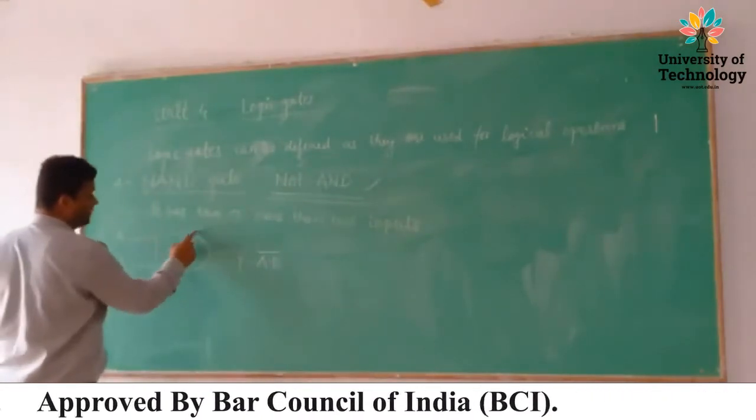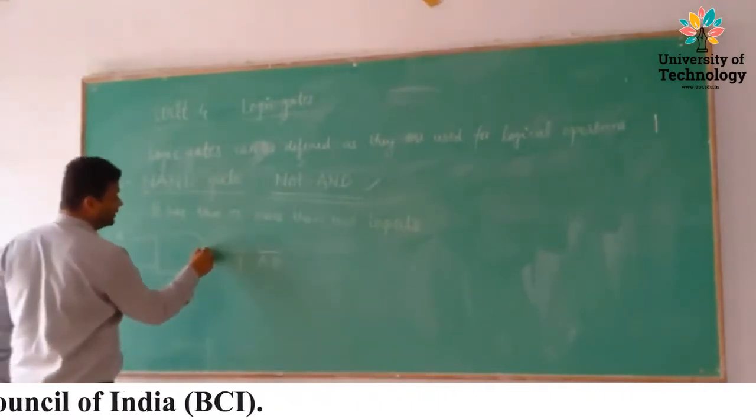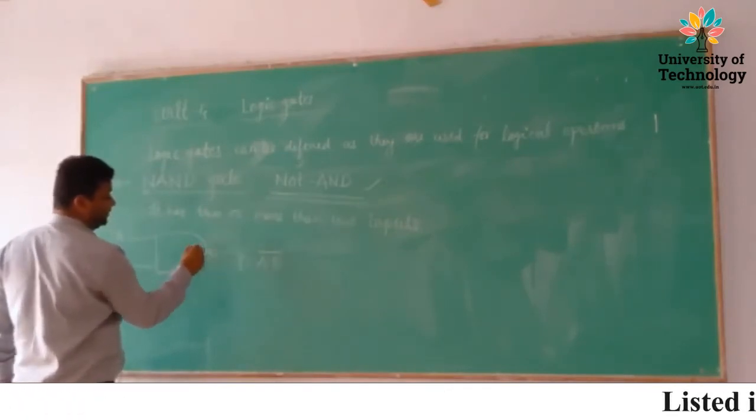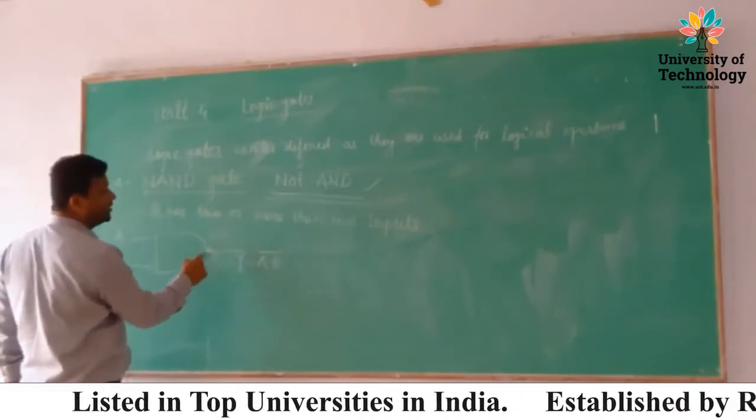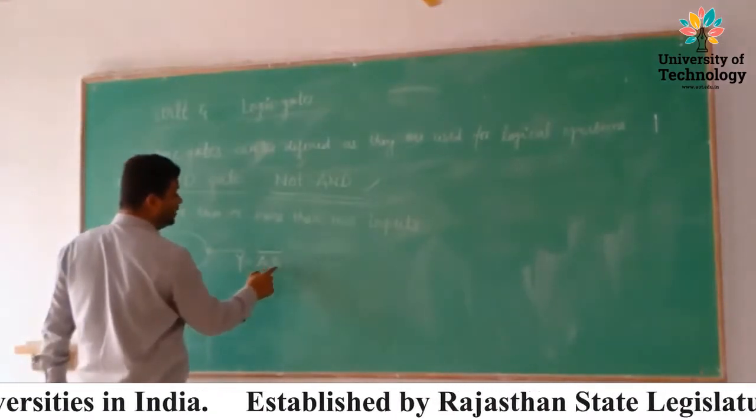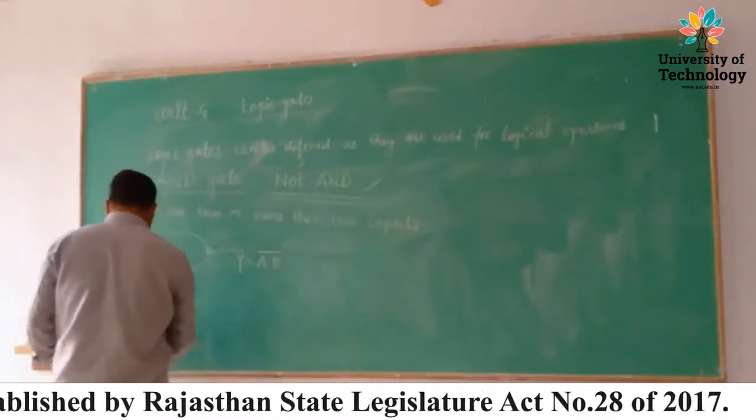Here this is the representation of AND, and this representation shows that this complete structure forms the NAND operation. Y equal to A dot B bar.